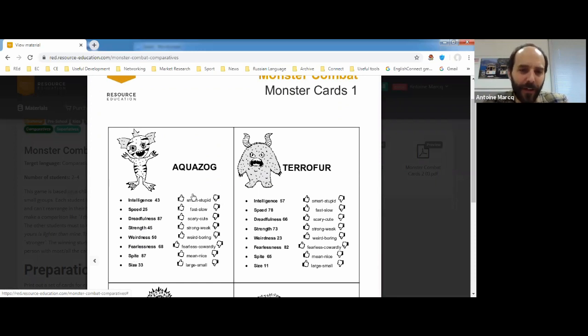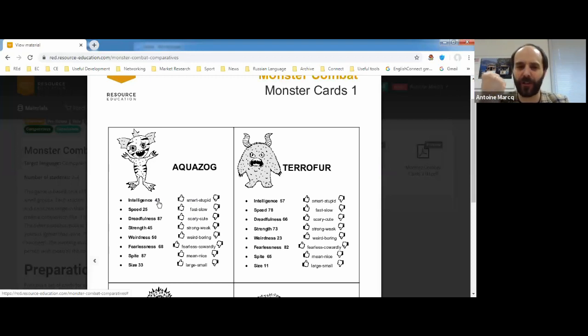And you have adjectives to go with these because the students might need some inspiration. So smart, stupid, fast, slow, scary, cute, strong, weak, weird, boring, fearless, cowardly, mean, nice, large, small. And as you can see, each of these has a weight, a score.